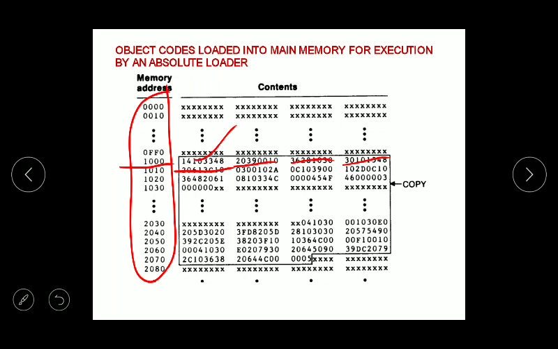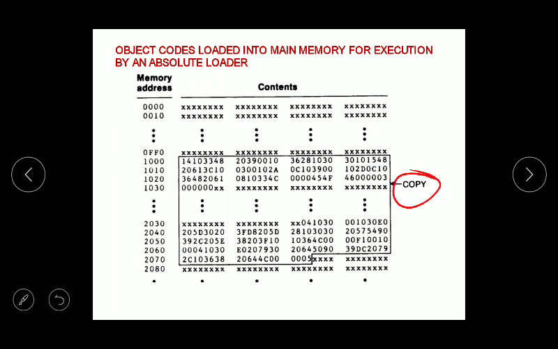third object code, and so on. Then here also you have XXX, here also some XXX. Do you remember what is the indication of X? X means the memory location where there are no text records according to our copy program. After address 1030, the next object code is loaded at the address 2030 only. Why?